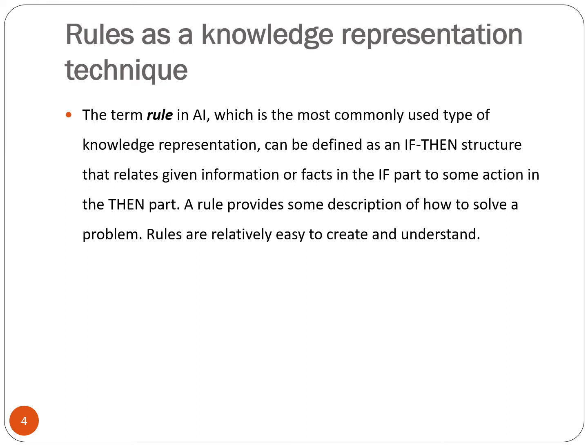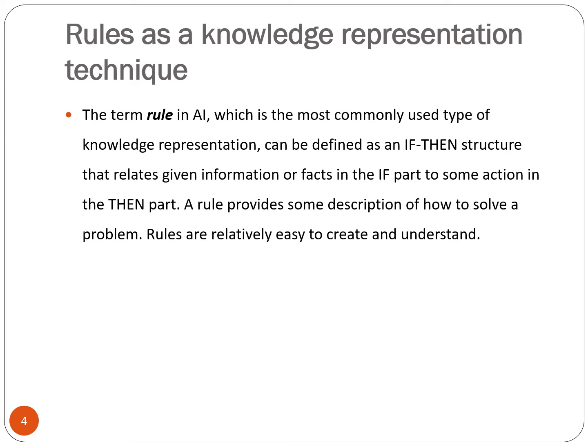It can be defined as an if-then structure that relates given information or fact in the if part to some action in the then part. You have information, and based on the information, you do the action.